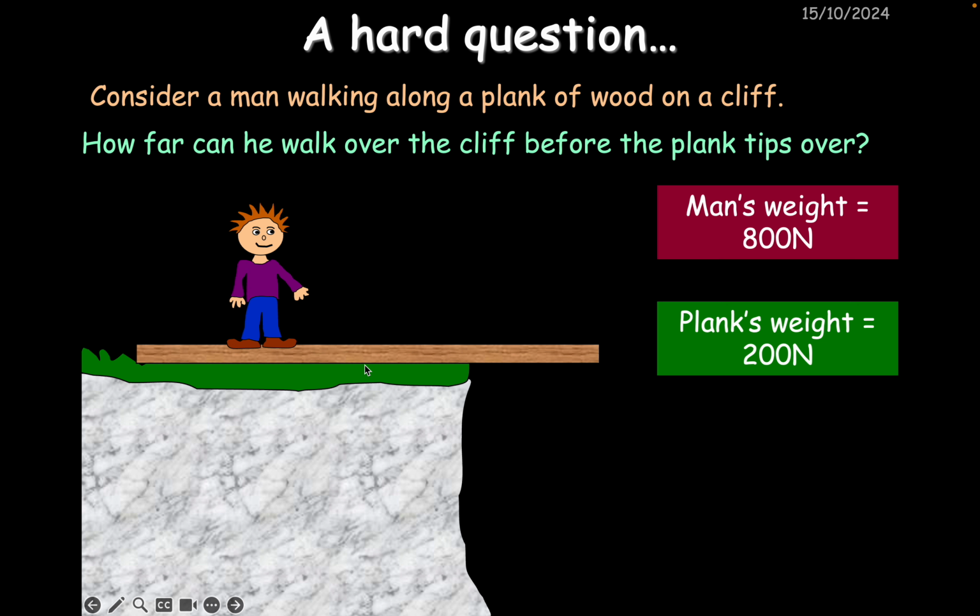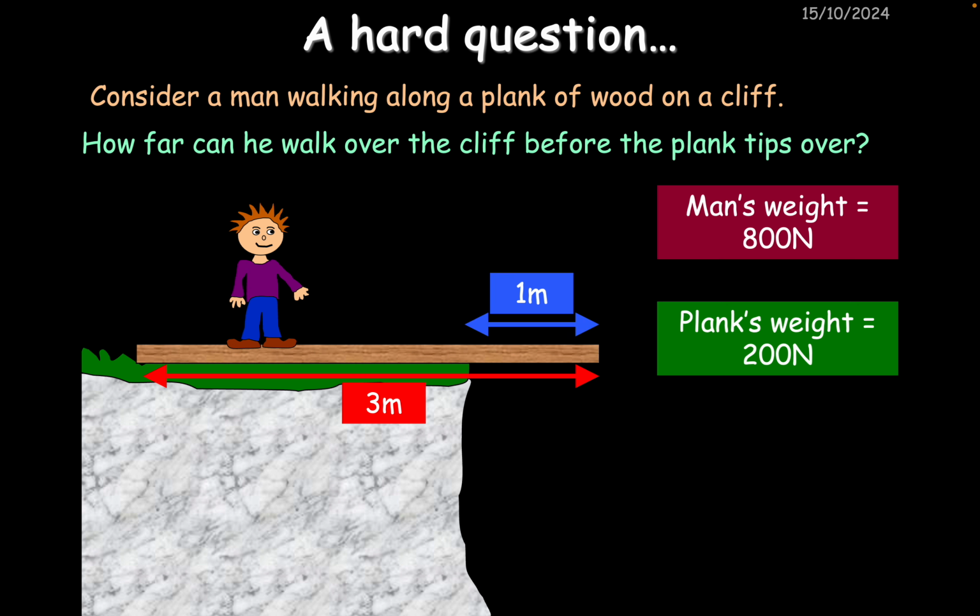So we know the two weights of the plank and the man, and we know it's 3 meters, and we know that the plank weight, if it's a uniform plank, is 1.5 meters along the plank, okay? And then we know that 1 meter is hanging over the edge, so we are now getting enough information to try and analyze it.